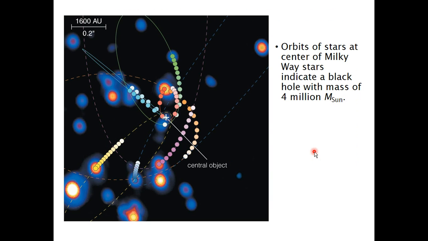Right? But the idea is that, in the Milky Way, we can find a location at the center of the galaxy where lots of stuff is orbiting. It implies a mass of about 4 million solar masses, and there's no visible object there. That implies it's a black hole.